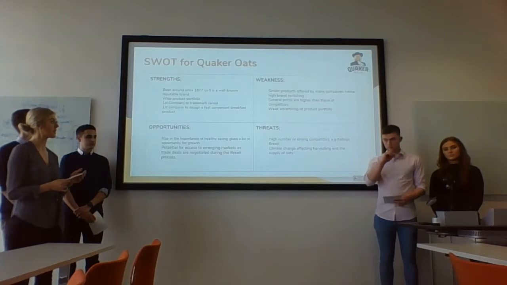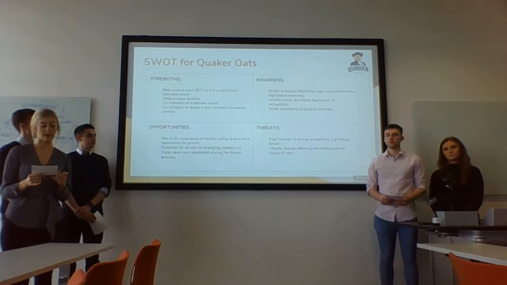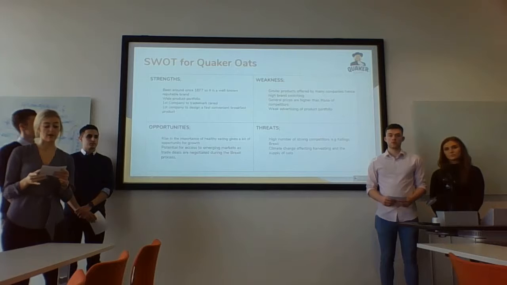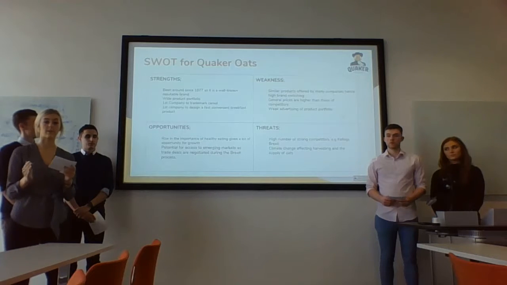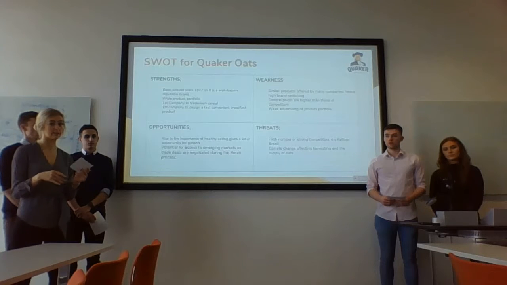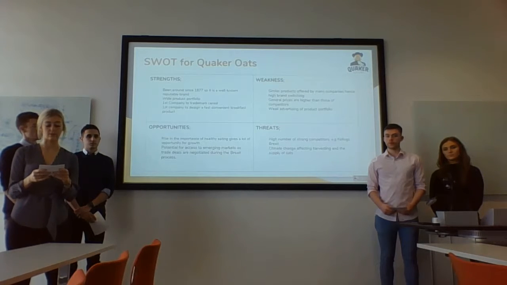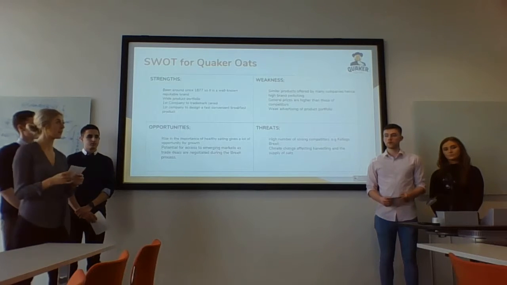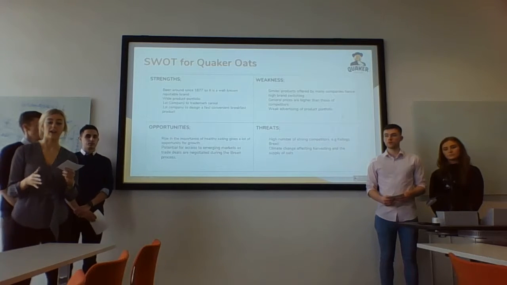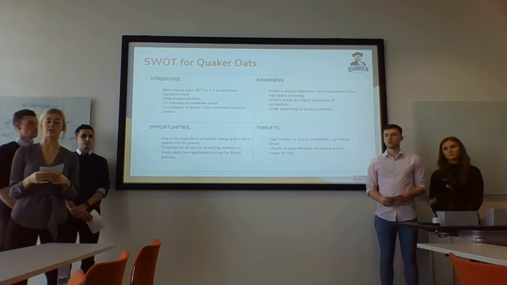However, some of the weaknesses that we picked up for Quaker Oats is that it's pretty standard for their market that there are similar products about, and even own supermarkets have their own brands of similar products to those Quaker Oats produce. So that means that they have to constantly innovate and bring out new products, which is evidently going to increase their costs.